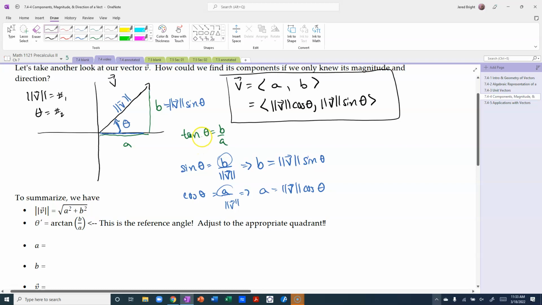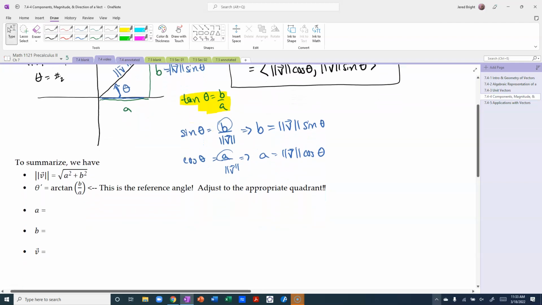If we solve this equation, tangent theta equals b over a, that's true in principle. But when we solve for theta by doing an inverse function, we actually get the reference angle, and then because it is the reference angle, you need to adjust it to the appropriate quadrant. So be careful with that.